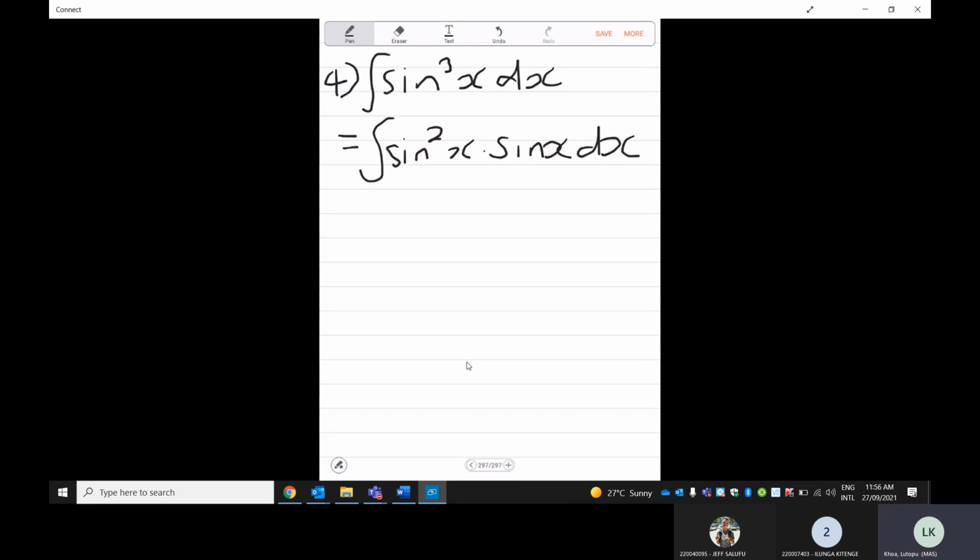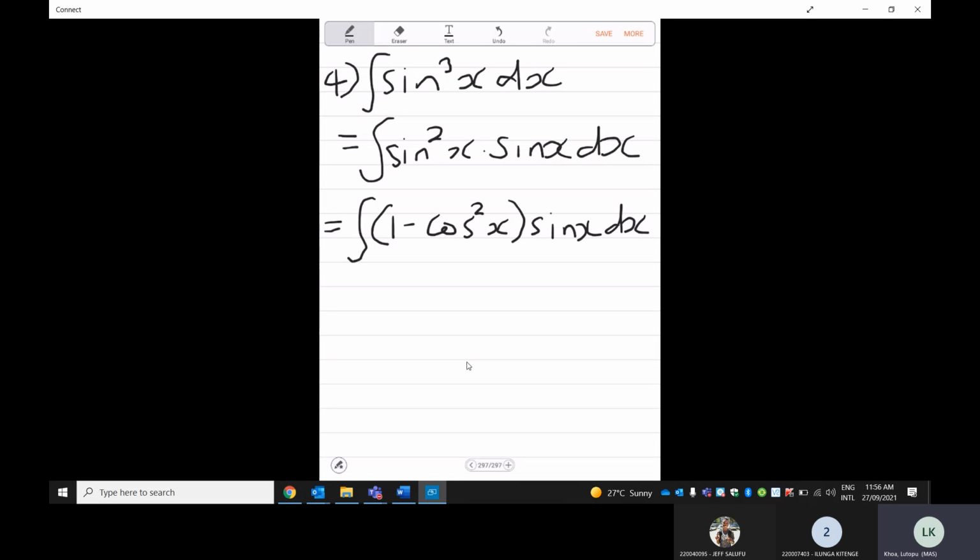Okay, and then this one, the sine squared of x, I use the identity sine squared x plus cos squared x is equal to 1, and that means sine squared x is equal to 1 minus cos squared x. So I have the integral of 1 minus cos squared x times sine x dx.